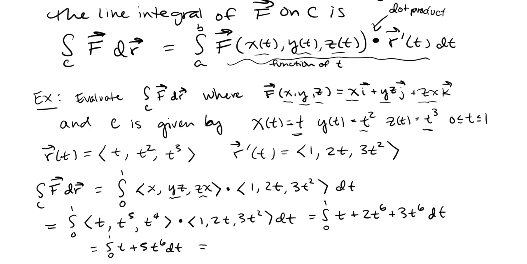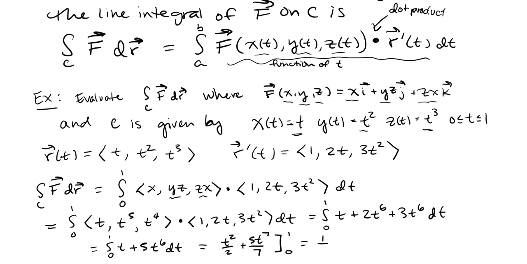So then taking the integral, the power on t will go up to a 2, and it gets divided by that new power. So we'll get t squared over 2, plus t, going up to the power of 7. And then we had the 5 in front, and we'll divide that new power by 7. And we're evaluating all of this from 0 to 1.